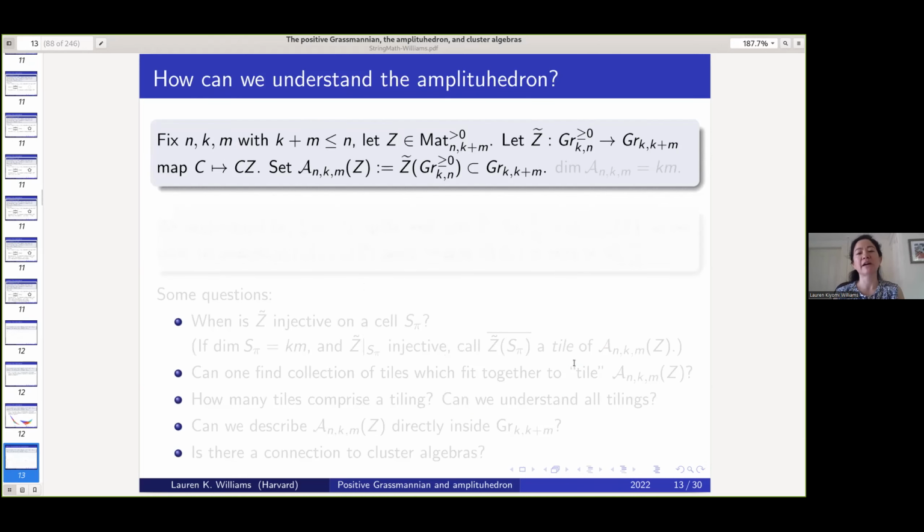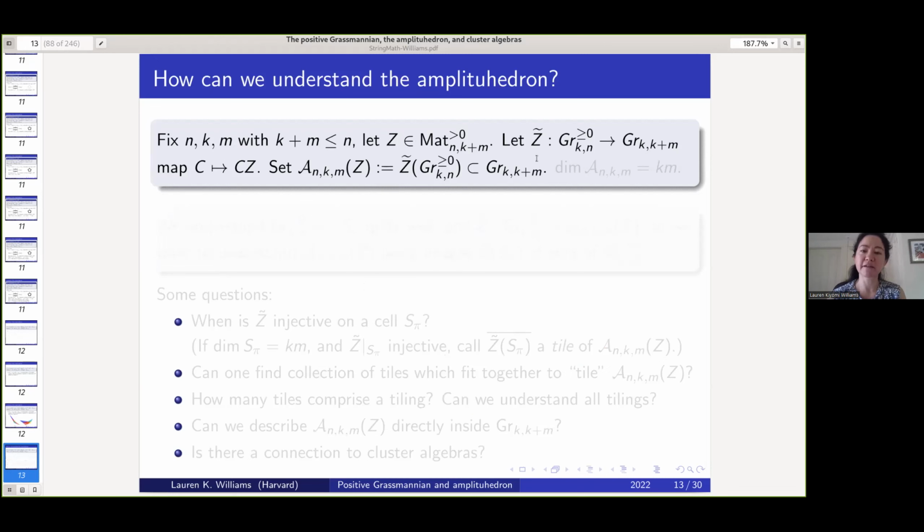Okay, so now let me turn to the question of how can we understand the amplituhedron? I have just a review of the definition up here. The amplituhedron, recall, is defined as the image of the positive Grassmannian under the map Z tilde.